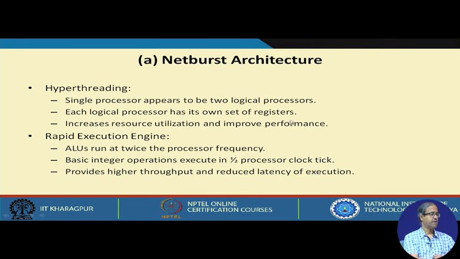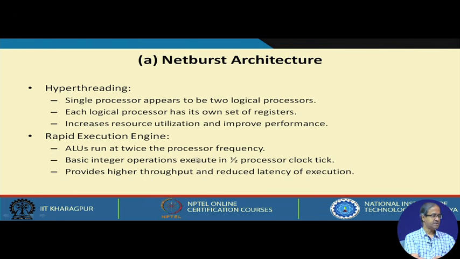There is another concept here which is called the rapid execution engine, where ALUs were running faster than the processor. The ALU clock was running at twice the frequency as compared to the processor clock. So, the basic integer operations were executing in half the processor clock tick.